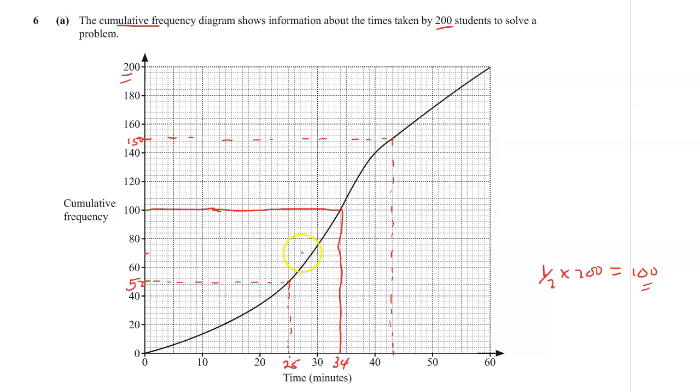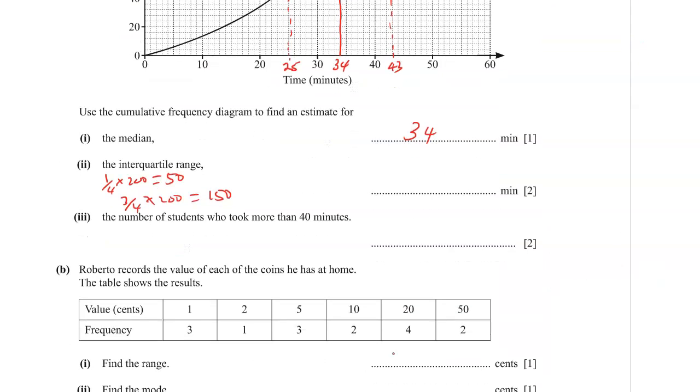We find that is 43. Therefore, the interquartile range is 43 minus 25. And this gives us 18. So the interquartile range is 18 minutes.